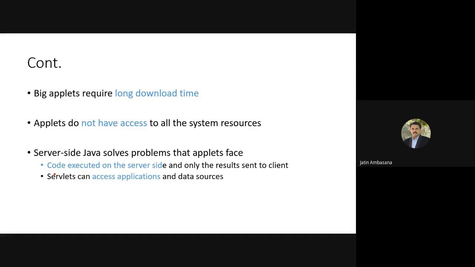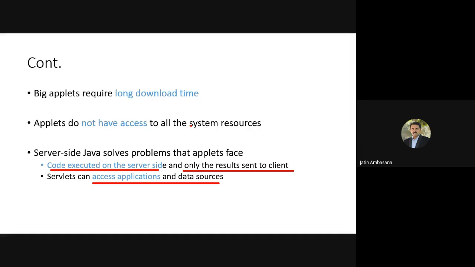For example, code is executed on the server side and only results are sent to the client. Applets being bigger in size is solved because all the processing is done on the server side and only the results are sent to the client side. Then servlets can also access applications and data sources.